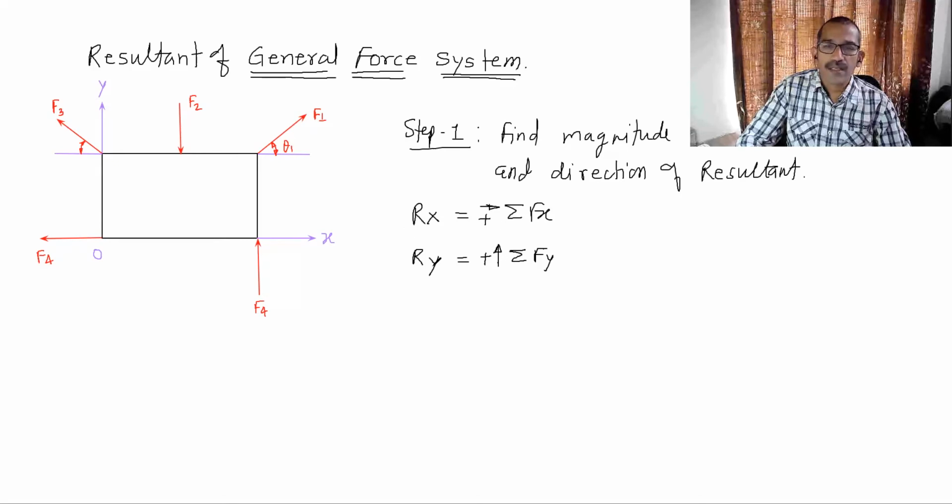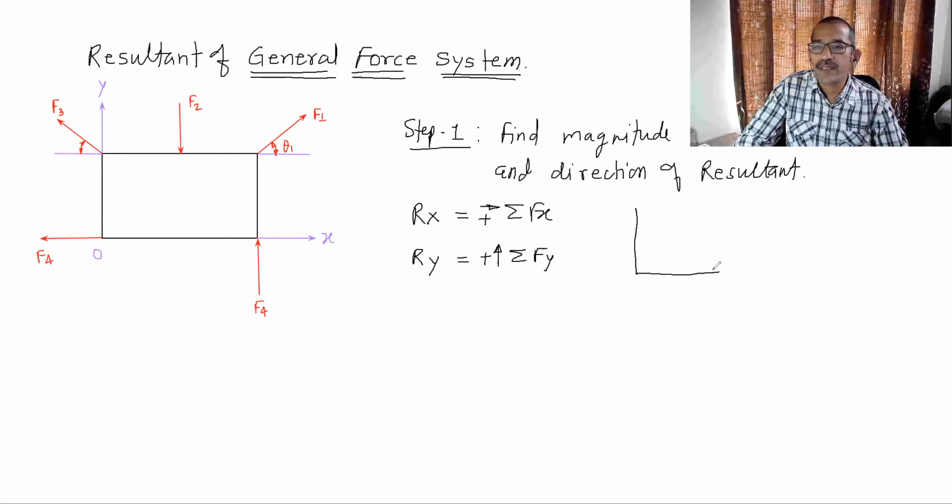Whether Rx and Ry are rightward, leftward, upward or downward depends on the sign of the addition. If summation of Fx is positive, then it is rightward. If negative, then it is leftward. If summation of Fy is positive, Ry is positive, means upward. If negative, then Ry is downward.